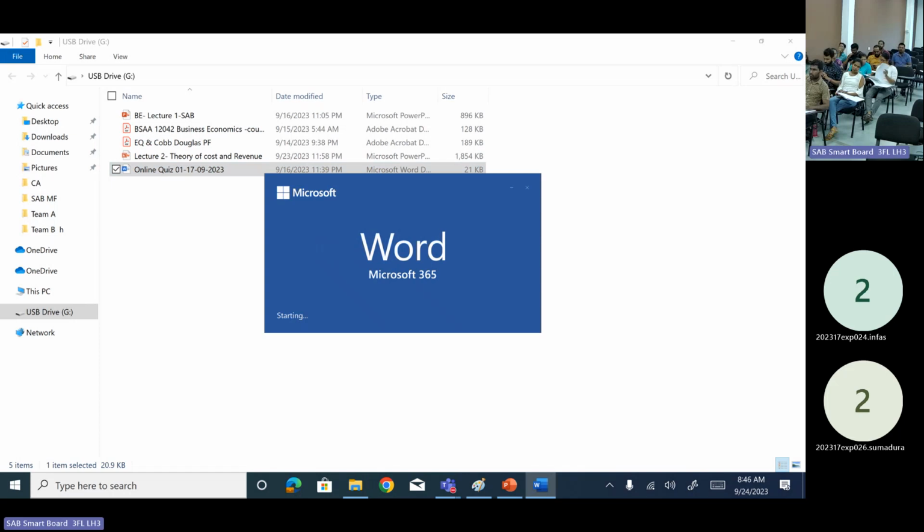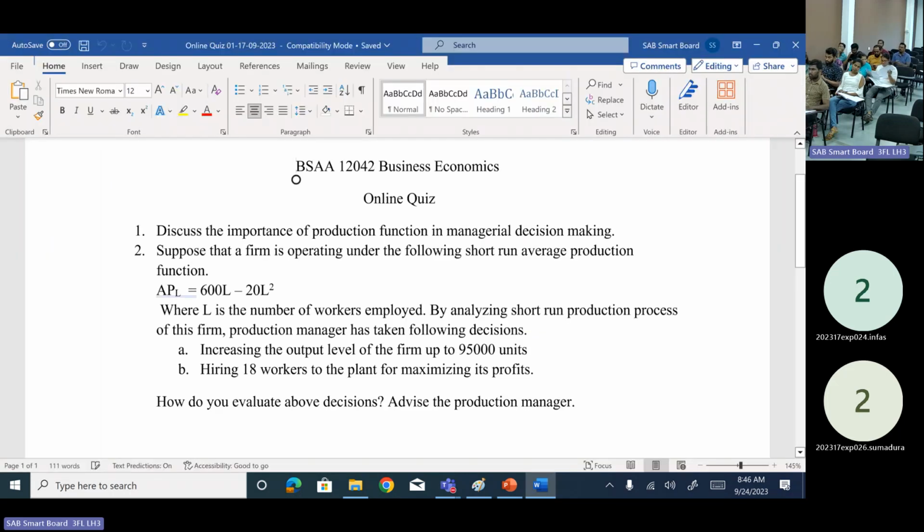We have been given this average productivity: 600L minus 20L squared, no? We differentiate this function, no?